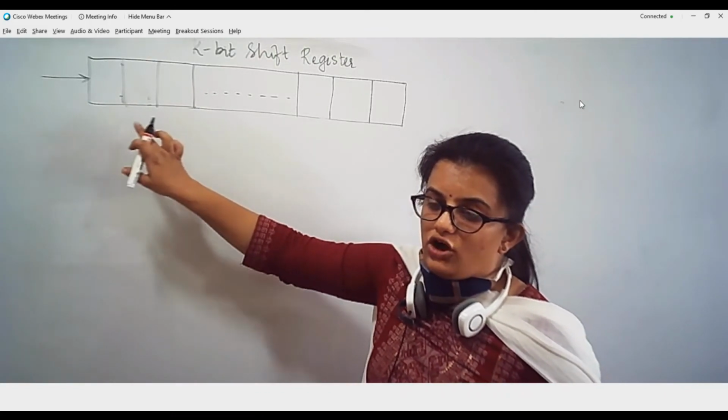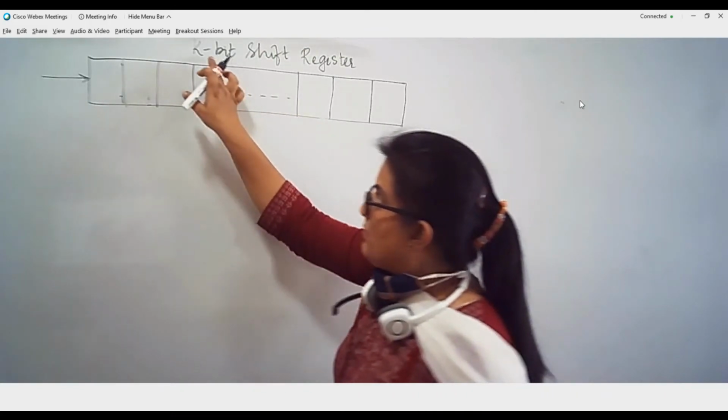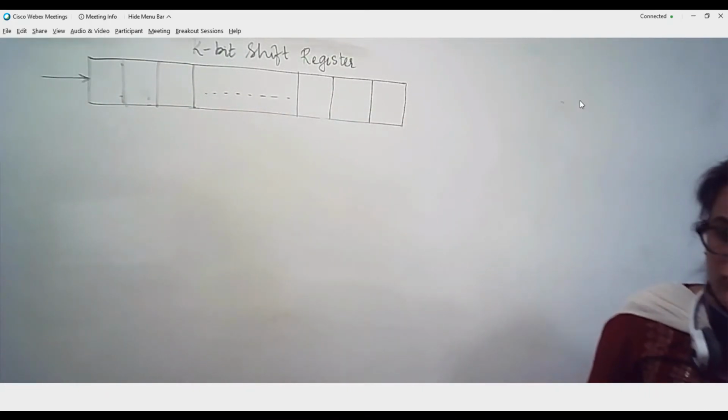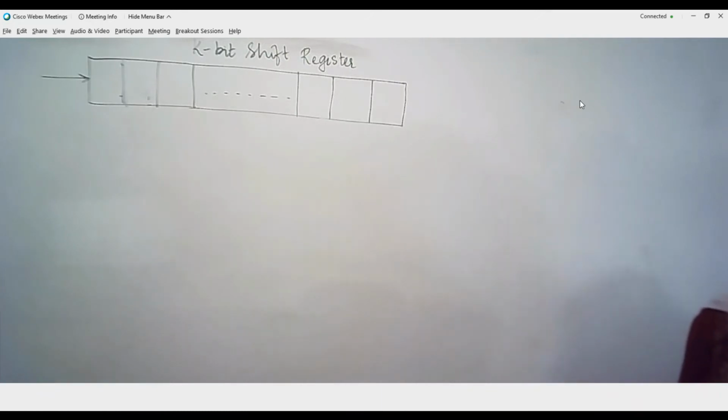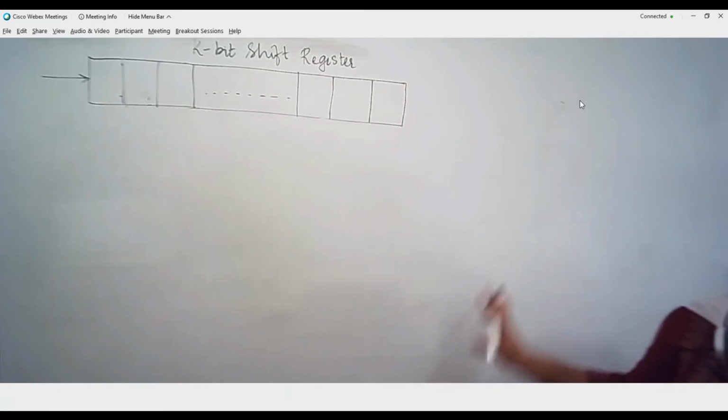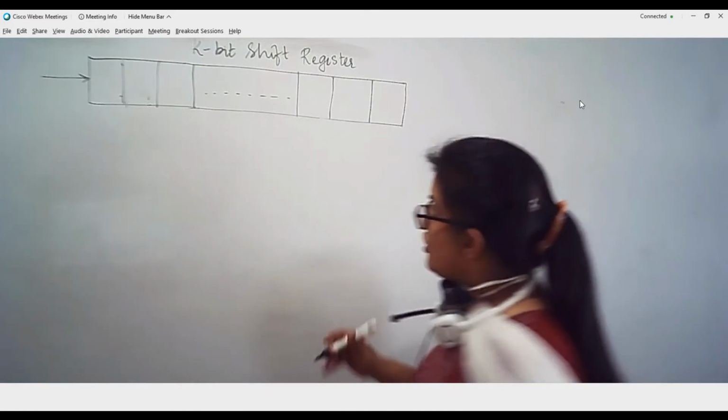How many clock cycles do I require to push all the k bits of information into this shift register? K clock cycles.